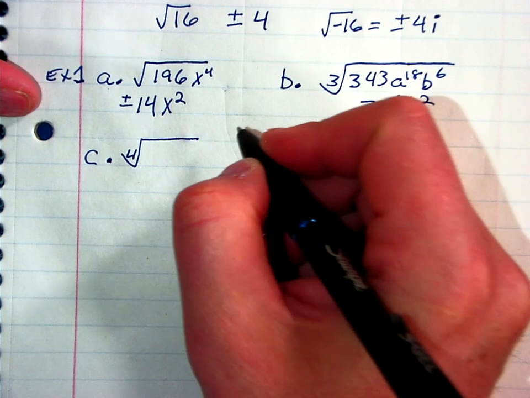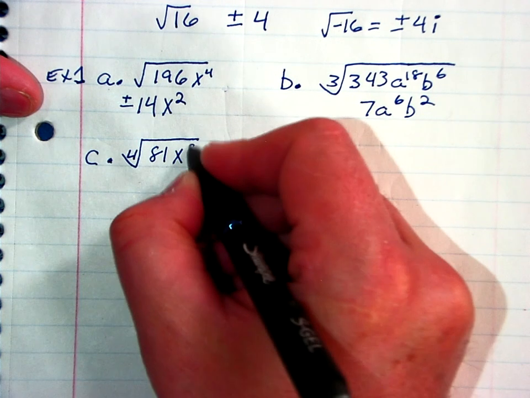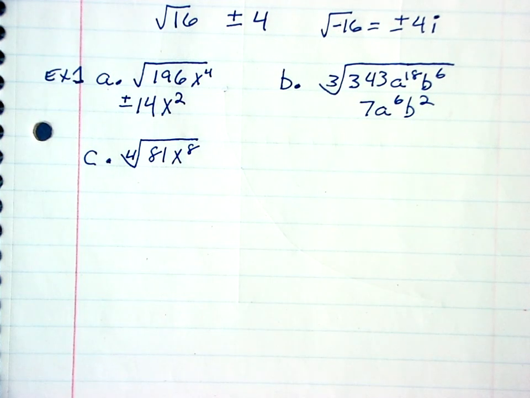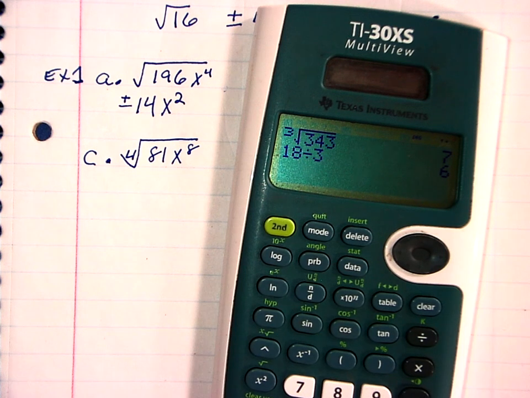All right, the fourth root of 81, x to the 8th. So try it, and we'll go over it in just a minute.